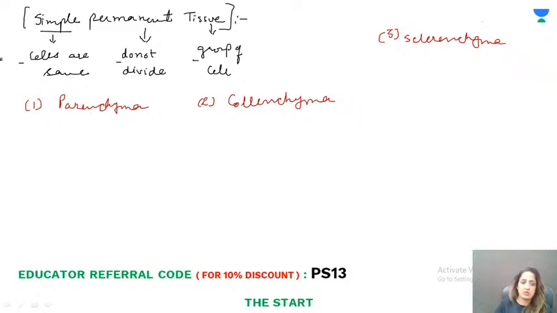So these are the 3 different permanent tissues. All right, so let's go ahead and talk about parenchyma first.